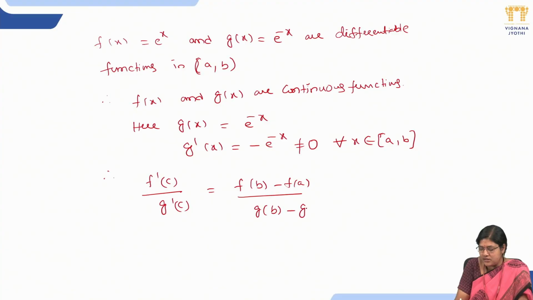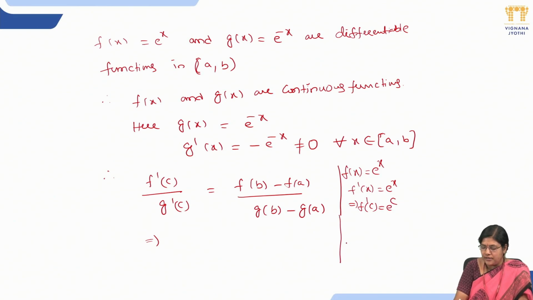From this, what is f dash c? Here, f of x is equal to e power x. Then f dash of x is again e power x. From this, f dash c is equal to e power c.